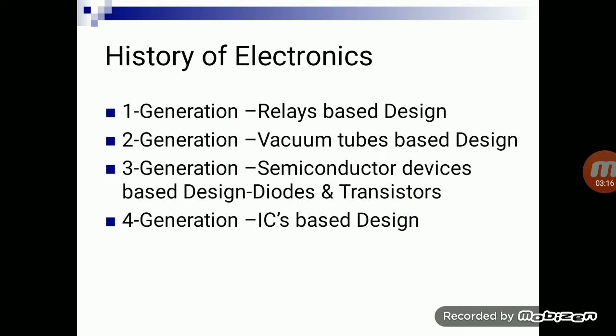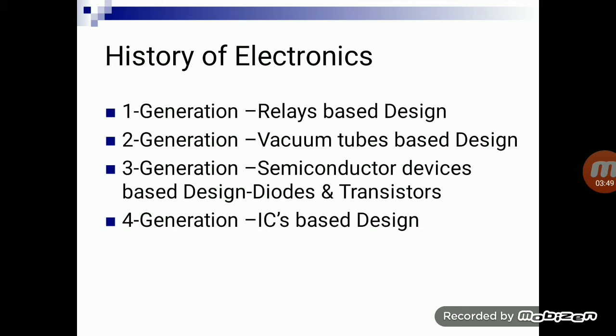Next is the third generation, which played the vital role in making electronic devices smarter. That is the development of semiconductor devices. After semiconductor devices, the electronics industry saw tremendous changes in design, and transistor based designs were developed.